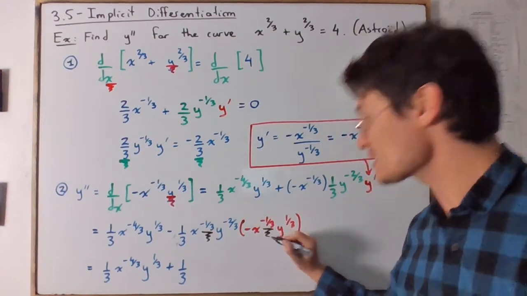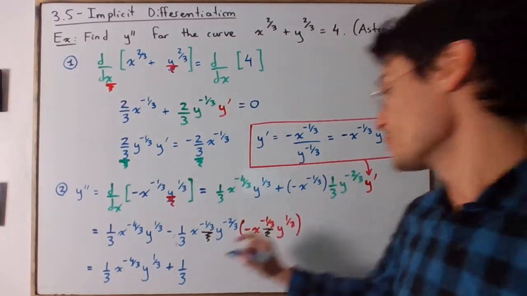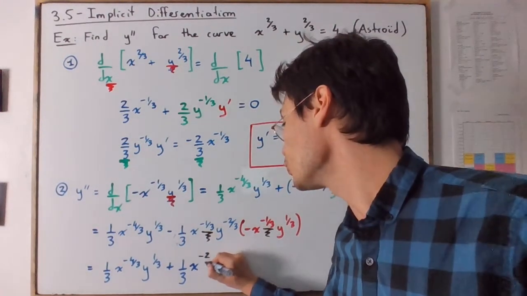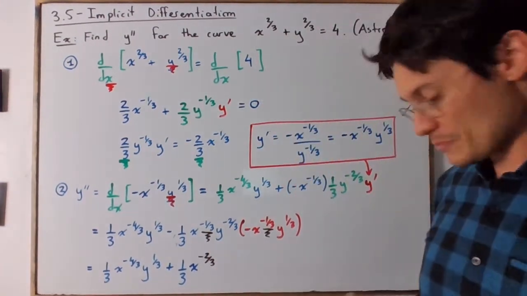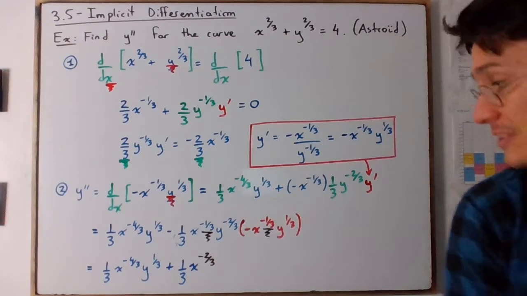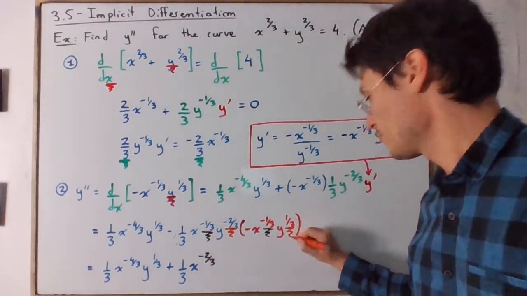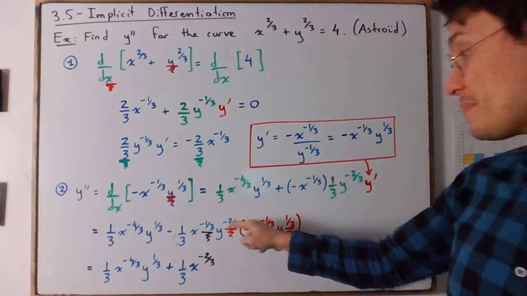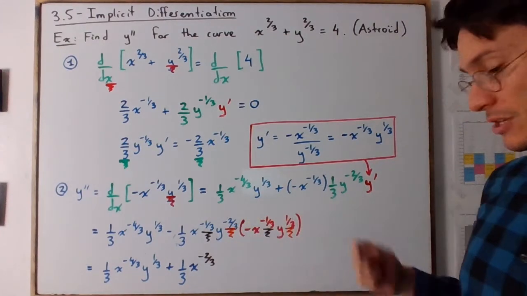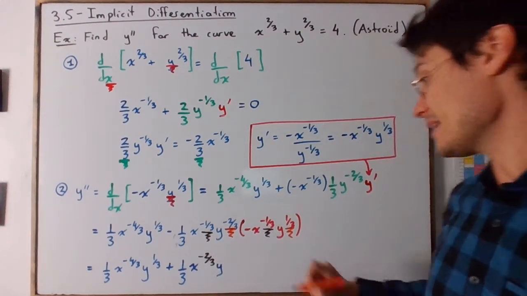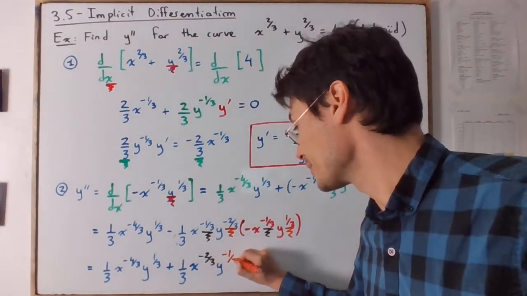You add this exponent with this exponent, resulting into x to the negative 2/3. And the same thing happens for the exponent that is right here. So you add up negative 2/3 and 1/3. So you're going to get y to the power of negative 1/3.